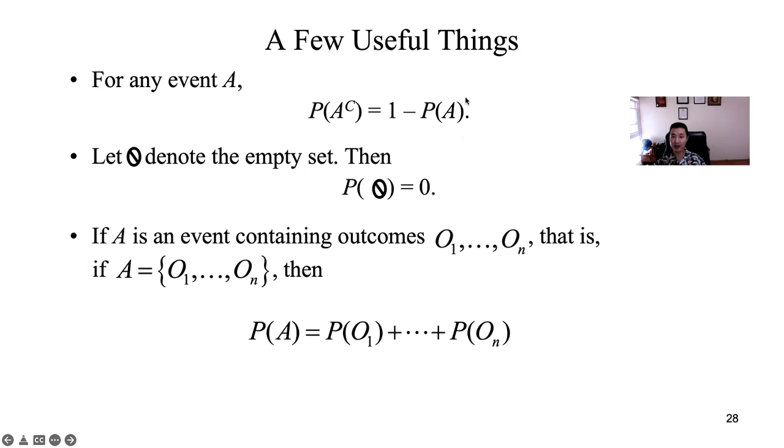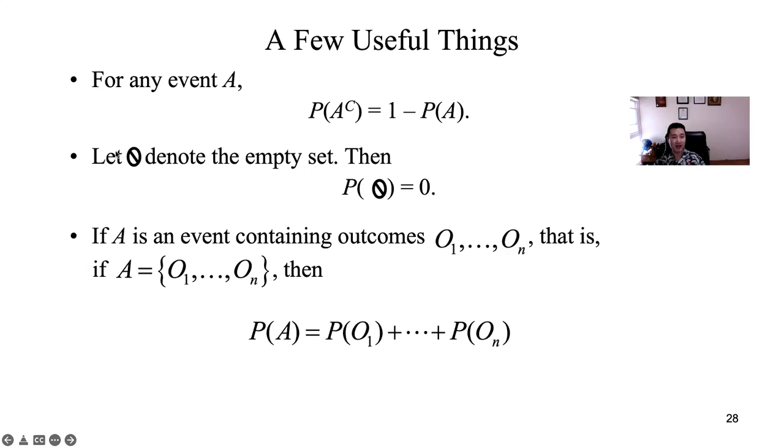If we move P(A) to the left side, that becomes P(A) plus P(A^C) equals 1. So the probability of A occurring plus the probability of A not occurring equals 100%, of course. Toss the coin, the probability we get a head is 50%. The probability we do not get a head, which is a tail, is also 50%. So these two added together equal 100%.